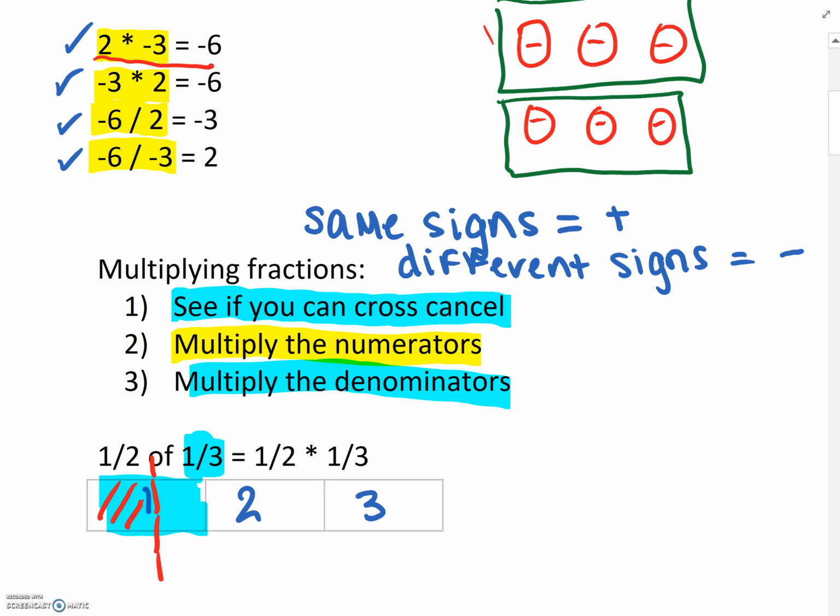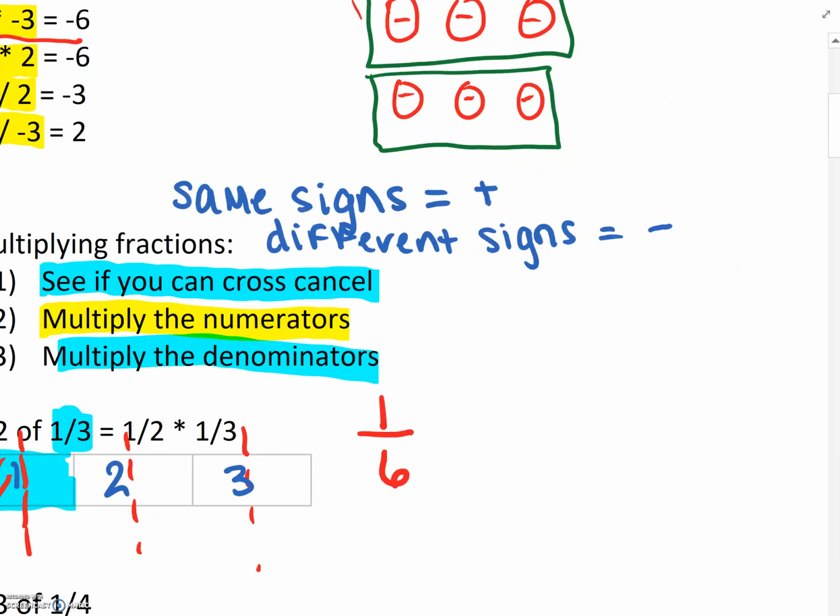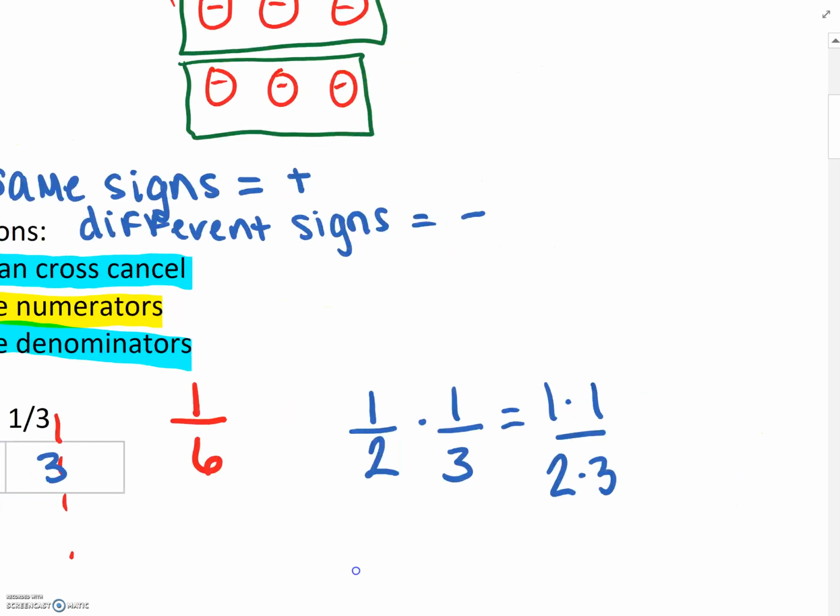And in order to determine what that is, we have to split all of these up equally. So we have 1, 2, 3, 4, 5, 6 pieces now that we've split them up. So 1 out of 6 is shaded when we shade 1/2 of 1/3. So that's why 1/2 times 1/3 equals 1/6. Again, the way that we perform that operation is we multiply the numerators and we multiply the denominators.